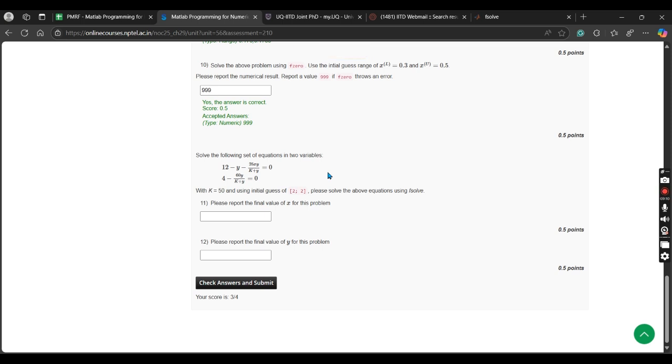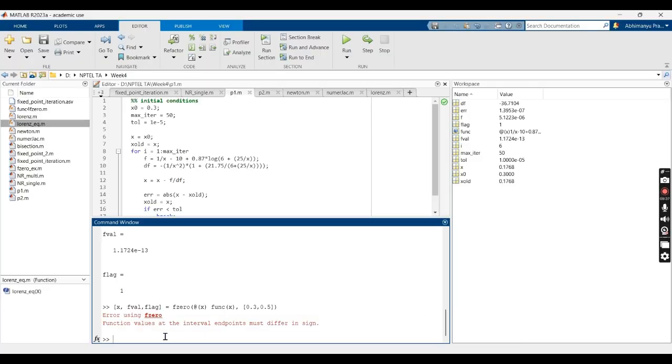Now the fourth part. Solve the following set of equations in two variables. 12 minus y minus 25. If k is equal to 15, initial guess of 2 comma 2. Please solve the above equations using fsolve. Right, so I can create a two-dimensional function handle, or I can just write a function.